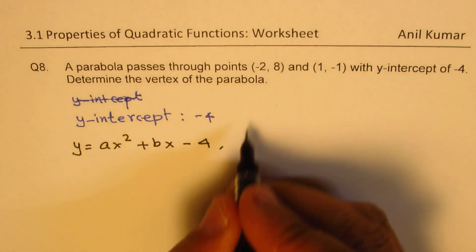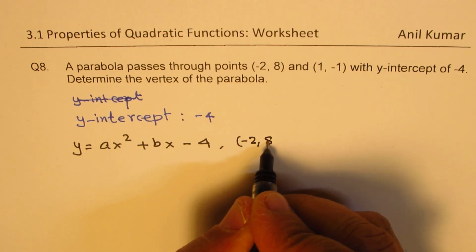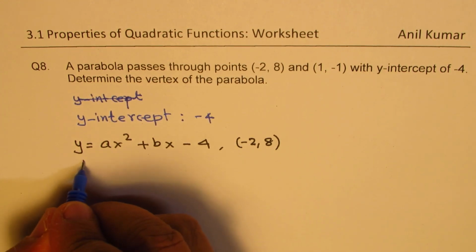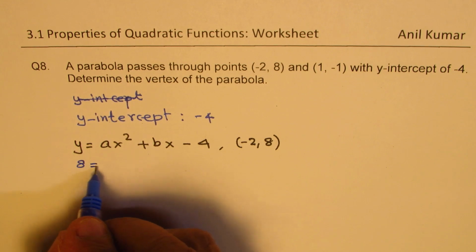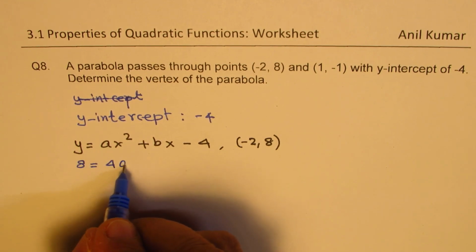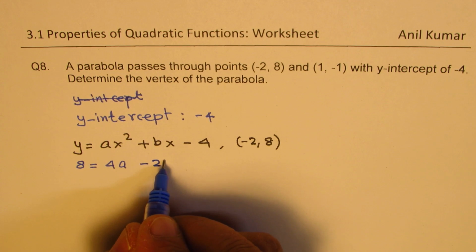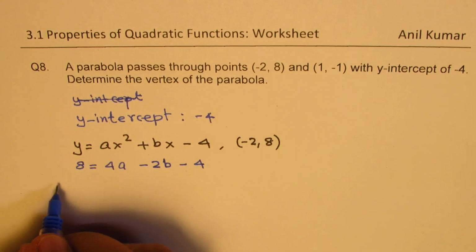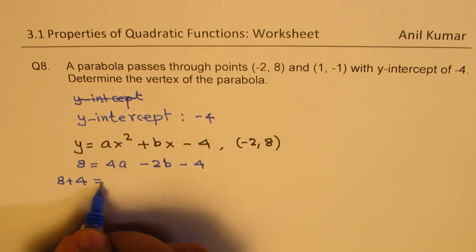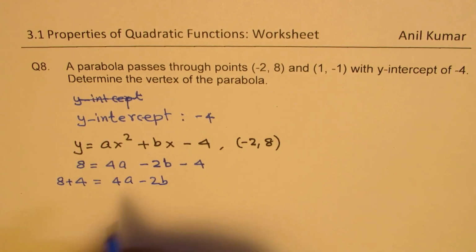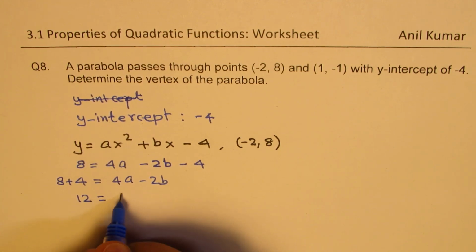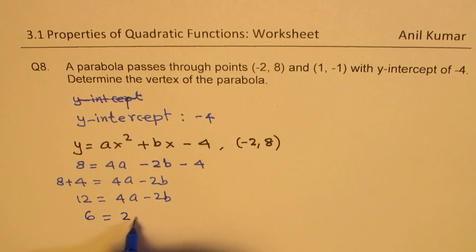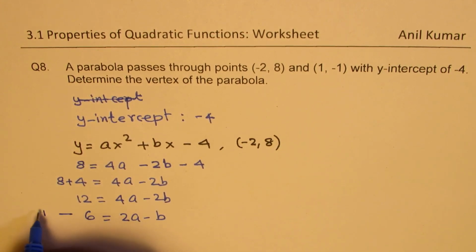Now, this equation passes through the point minus 2, 8. So substitute 8 here, and we get 8 equals 4a minus 2b minus 4, correct? So bringing 4 to this side, we get 8 plus 4 equals 4a minus 2b, which is 12, right? 12 equals 4a minus 2b. Dividing by 2, we get 6 equals 2a minus b. Let's call this our equation number 1.